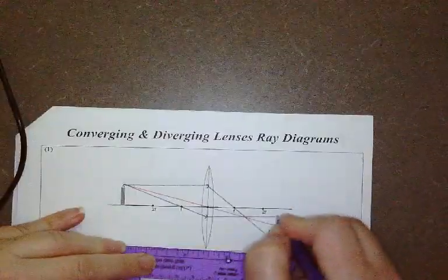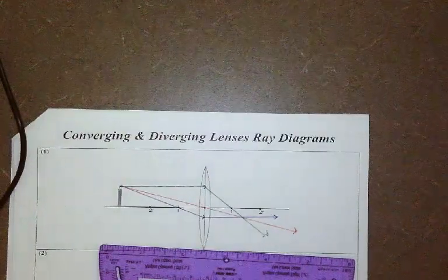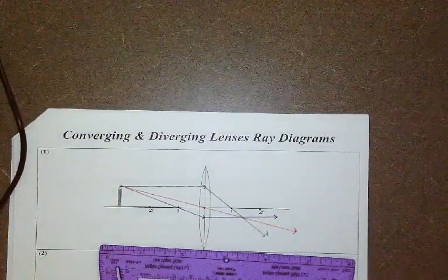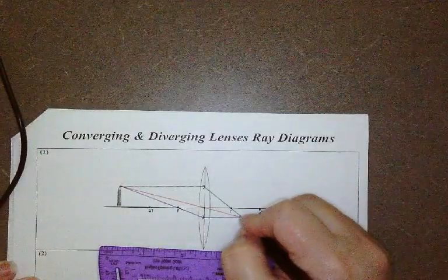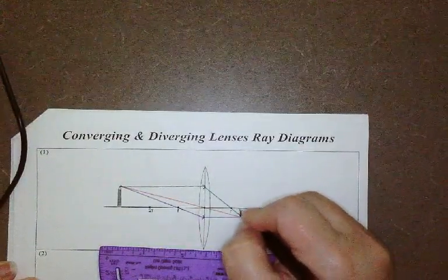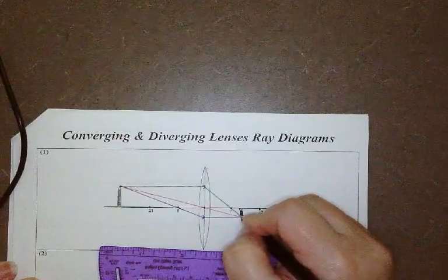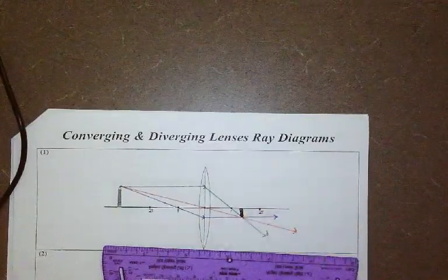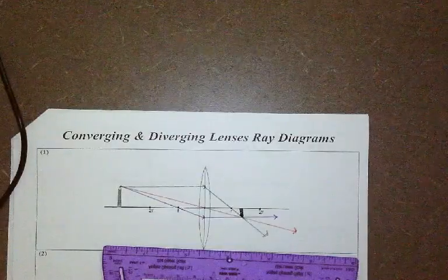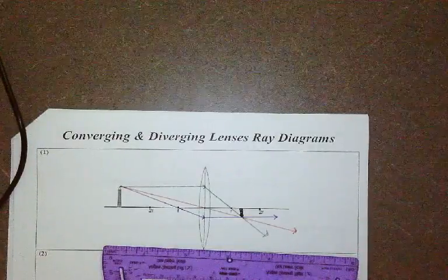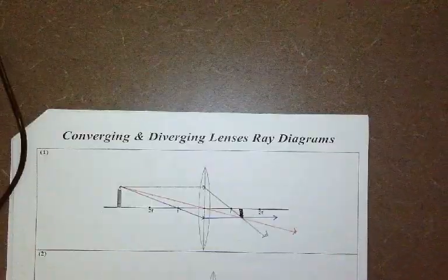And it's going to be parallel to that principal axis. And the point where the 3 of them converge is where the top of your object is. And there's your image. So it made it upside down, it's inverted, and it's much smaller than the original image.